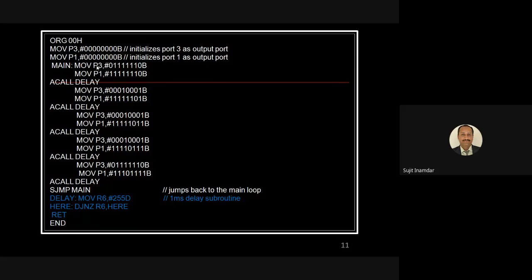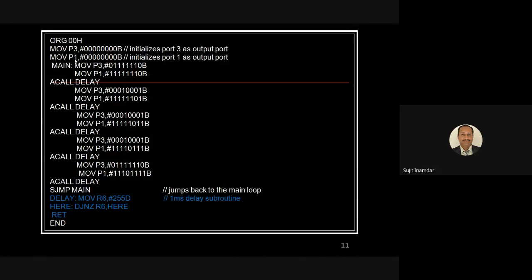So it starts with the normal ORG 00. First step is the initialization. As you have seen in that diagram, ports 3 and 1, 2 they have used.